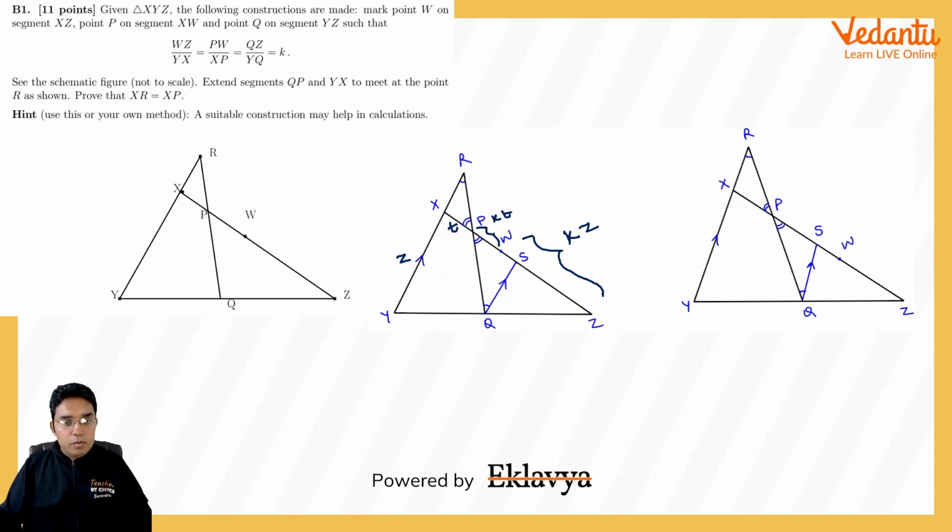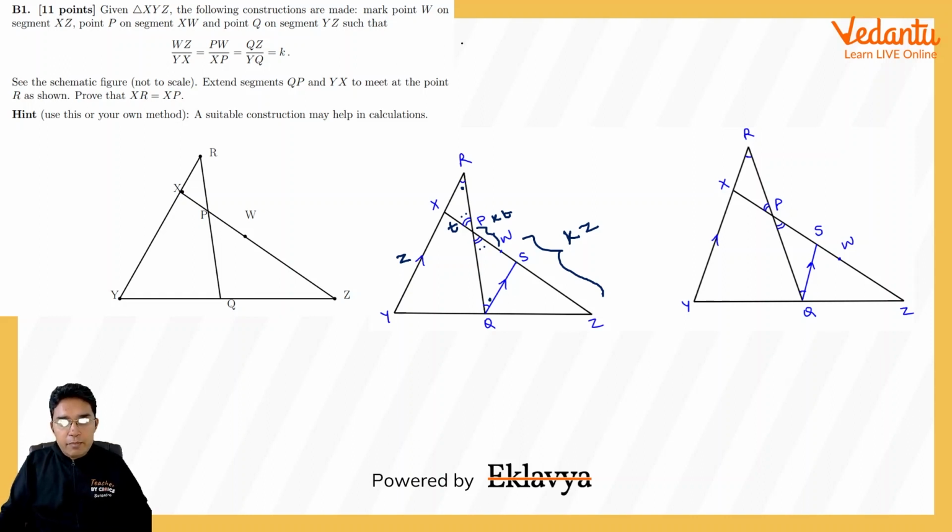So first please see, because this qs is parallel to yxr, this angle at r here will be equal to this angle at q here, that is alternate angle. And here the angle at point p in this triangle above and this triangle below will also be same, and hence the third angle will automatically be same.